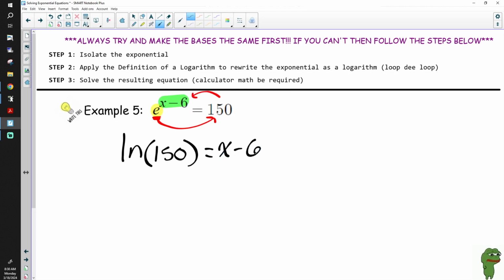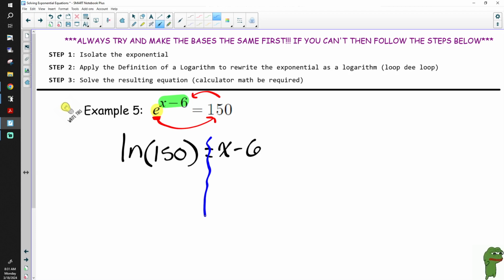And now our exponent is no longer connected to a base, which means we can start to solve this. So waterfall down the equal sign. Our goal right now is getting x by itself. So what do I need to move? The negative 6.